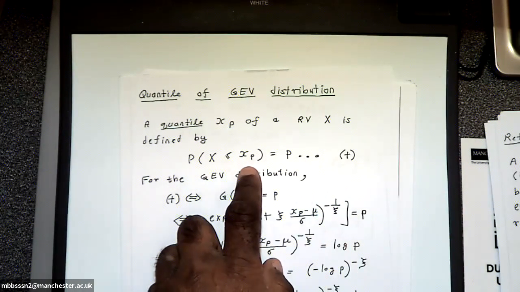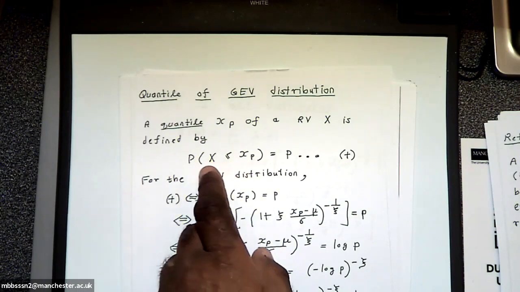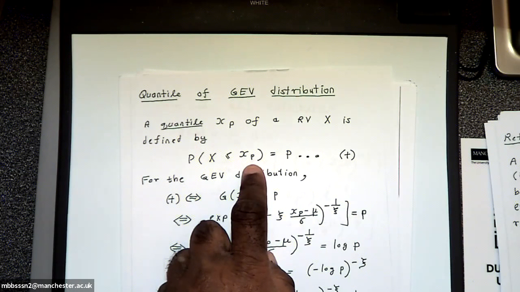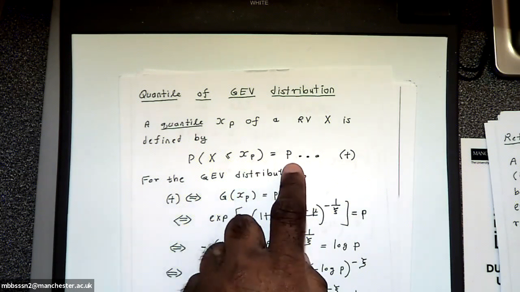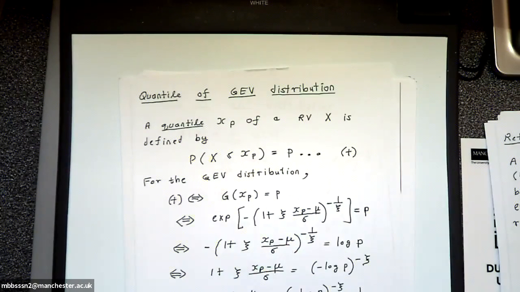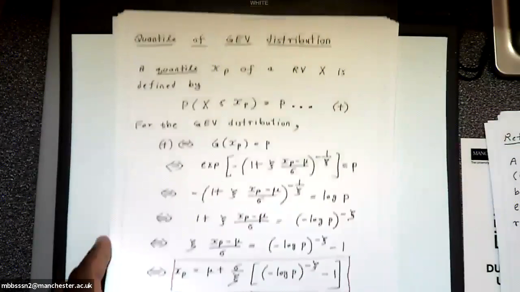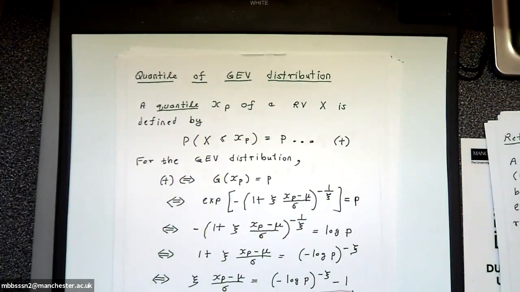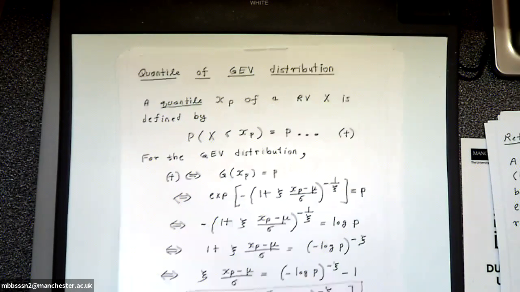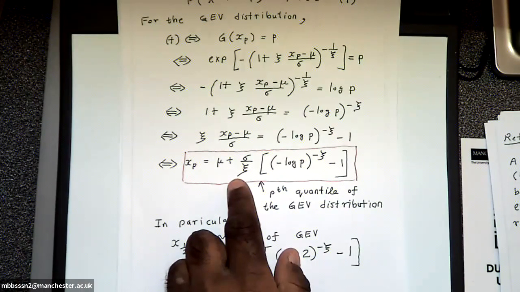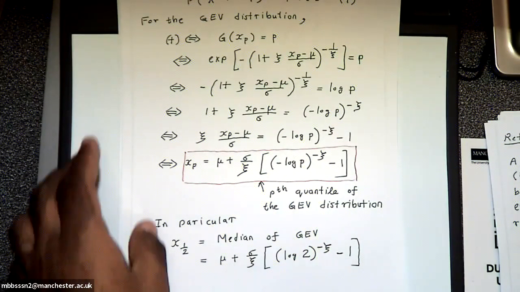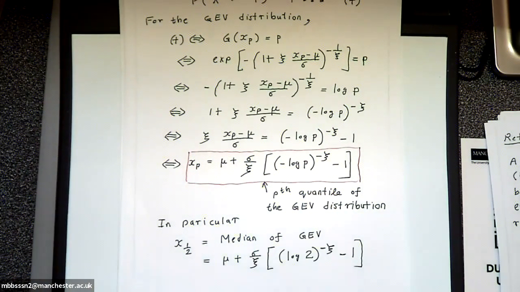Basically the pth quantile is defined such that the probability that the random variable is less than or equal to x_p equals p, right? So if you solve this equation for the GEV, the pth quantile for the GEV distribution turns out to be equal to this.